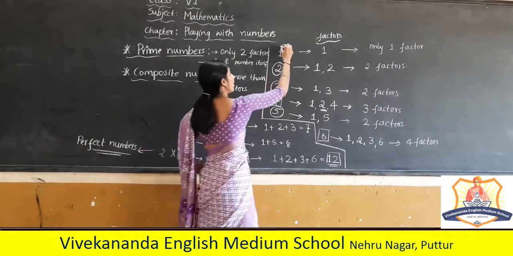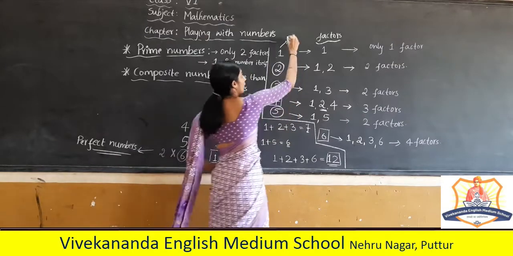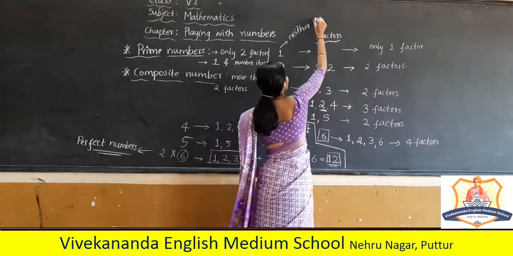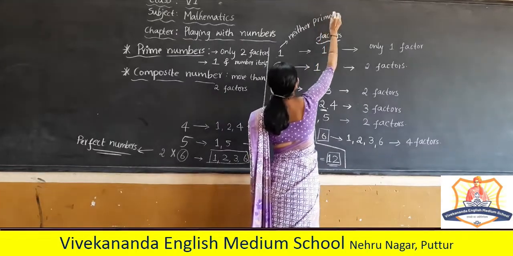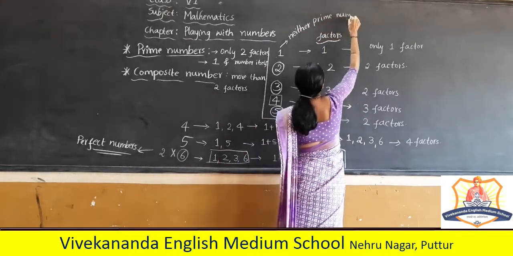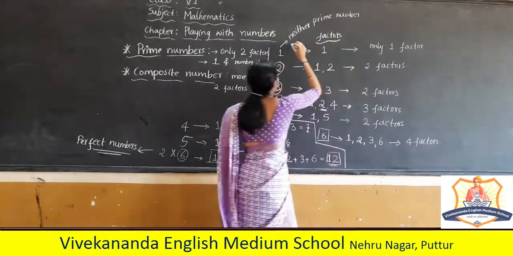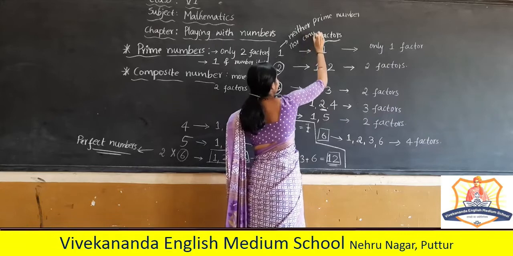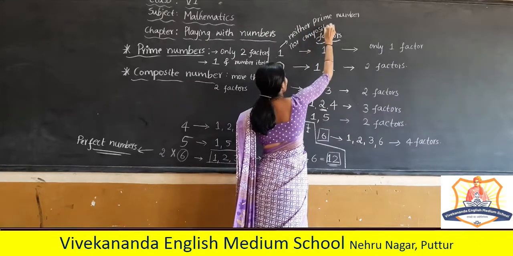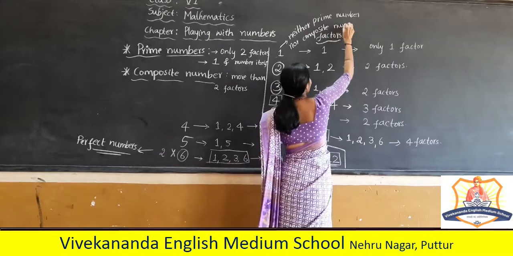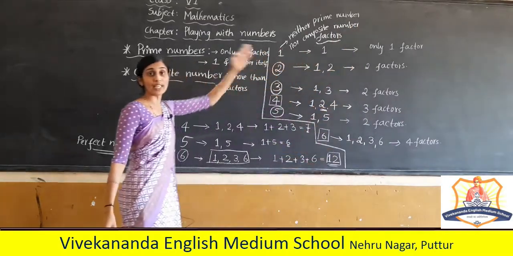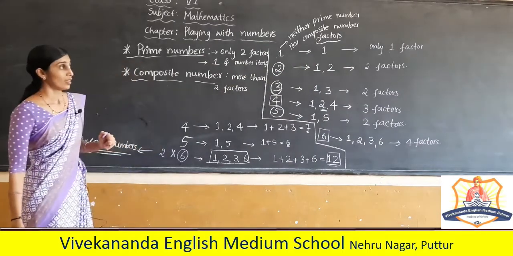So 1 is said to be neither a prime number nor a composite number, because it has only one factor.